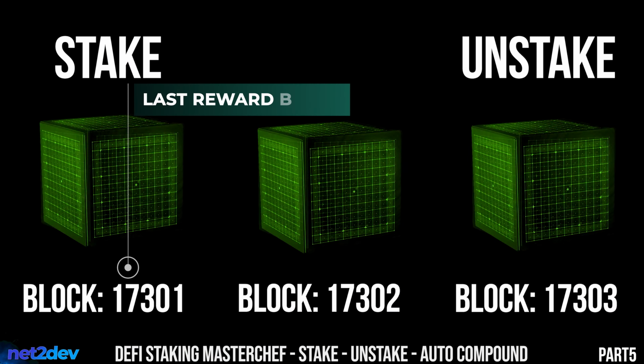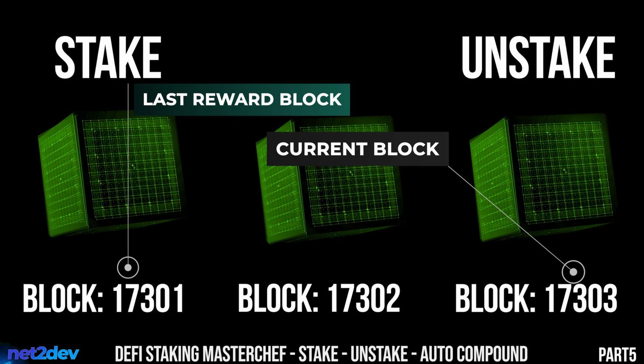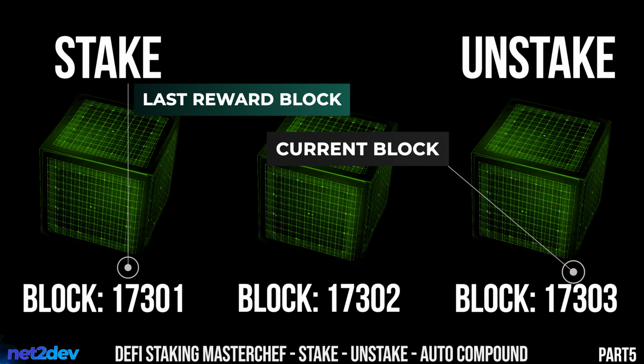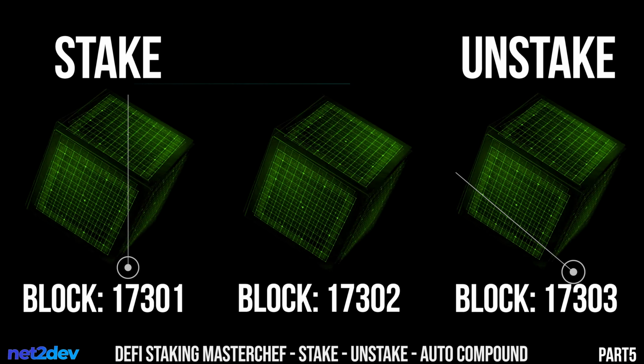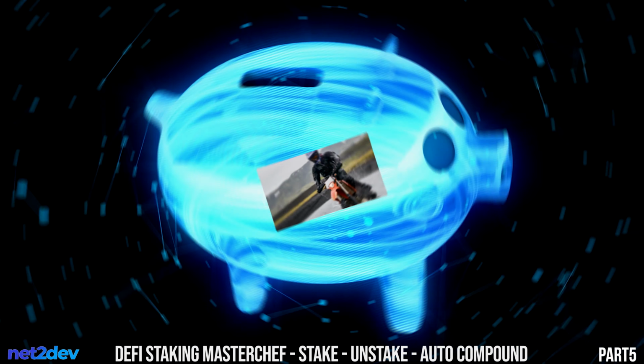It's very important to understand how many tokens are we going to be paying to the staker based on the amount of tokens that they stake and the duration of that staking period, which means that what? Last reward block and the current block. Those are my 2 values that will determine how many tokens do I have to pay to the staker. But it's very complex. Like, this math is complex because we're not talking about a single user.